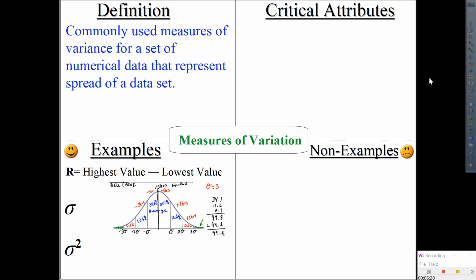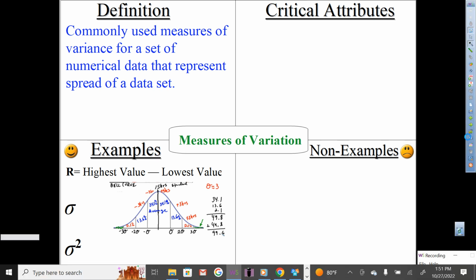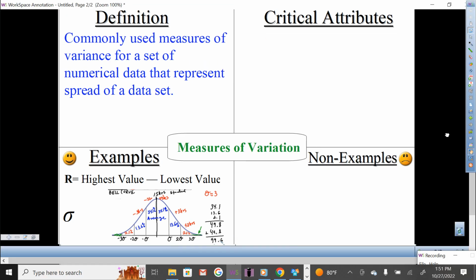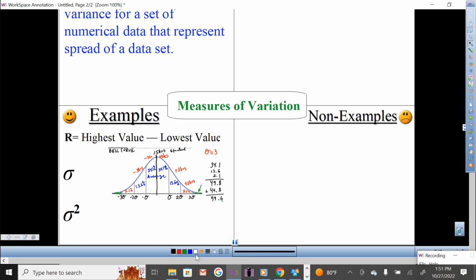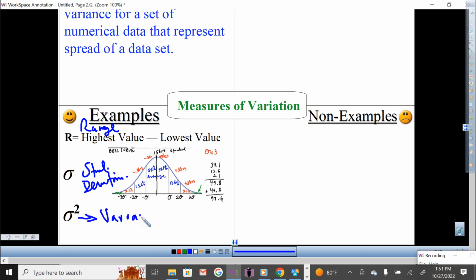And let's add some meat to this. Give me a second. So we got what? Range, standard deviation, and this one is known as the variance. Variance.